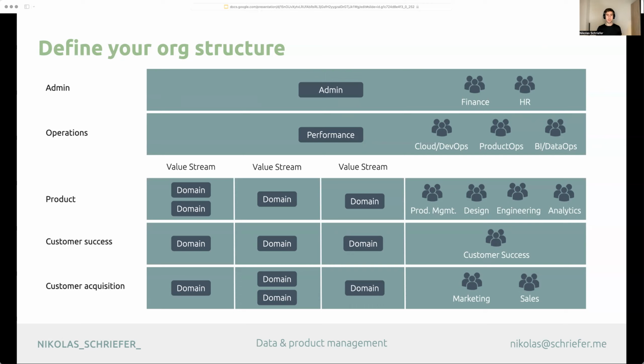And then we came up with this concept of a value stream, which was truly cross-functional. It was comprised of product, customer success, and customer acquisition functions like marketing and sales, to really own the individual value creation behind this set or cluster.